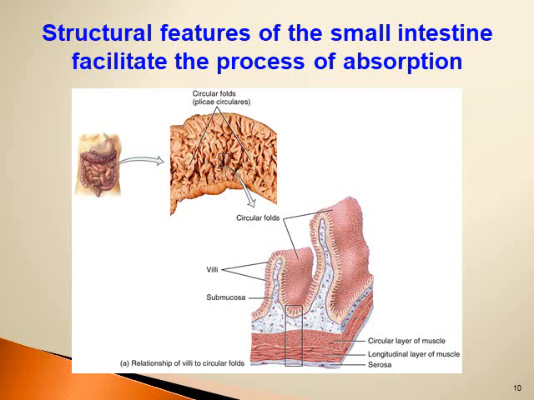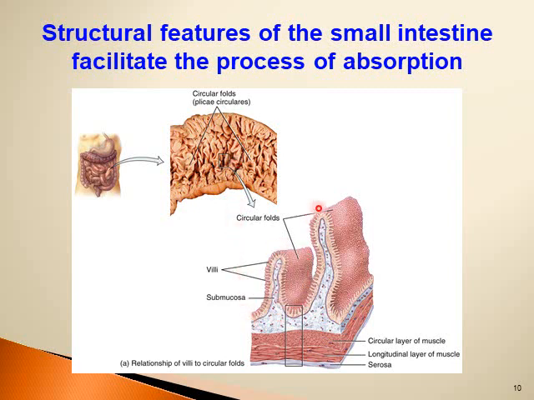So there are structural features of the small intestine that increase the surface area for absorption, and this will facilitate the process of absorption. One of the structural features is called the plica circularis. These are circular folds of the mucosa and submucosa that are found throughout the small intestine, and these circular folds will increase the surface area.